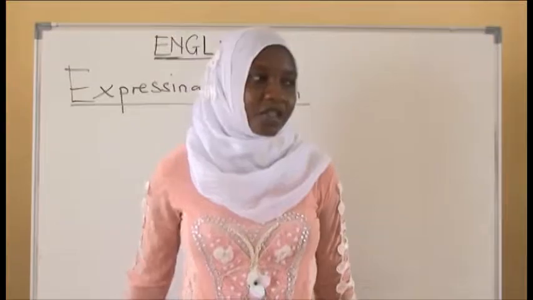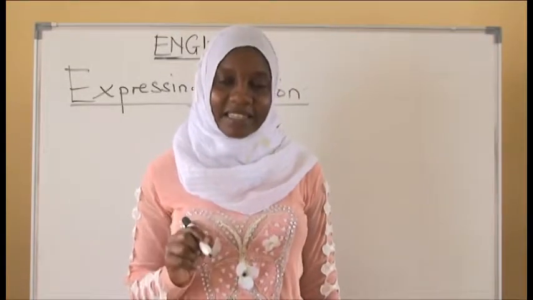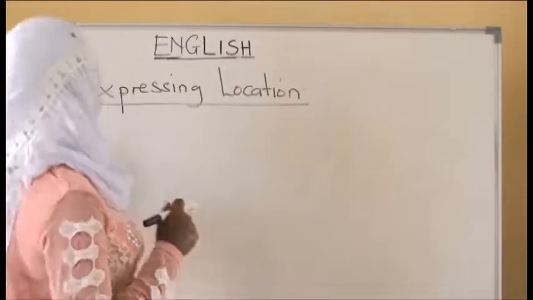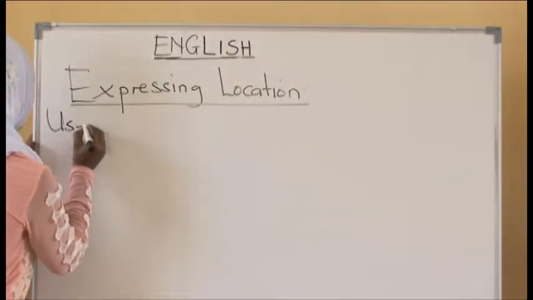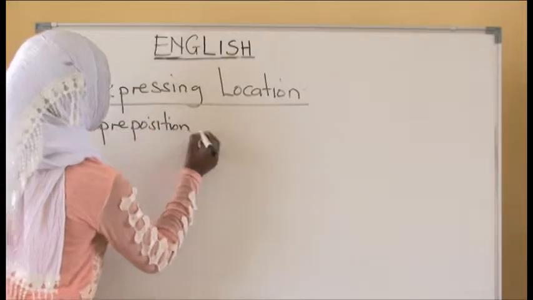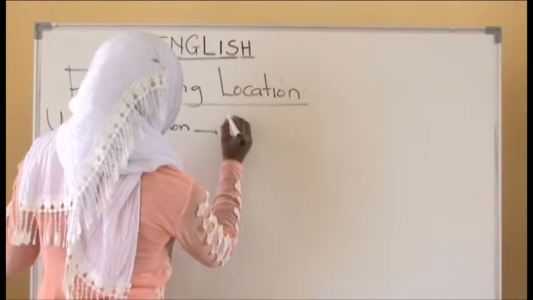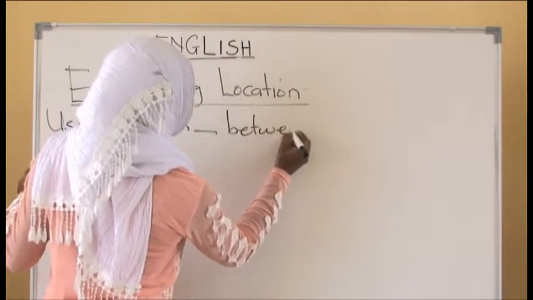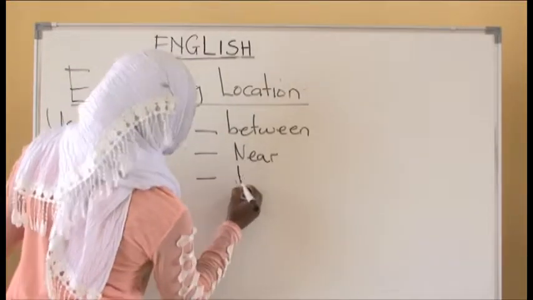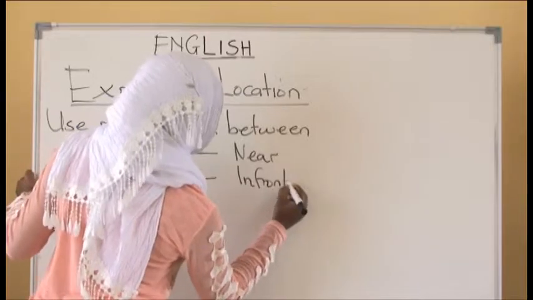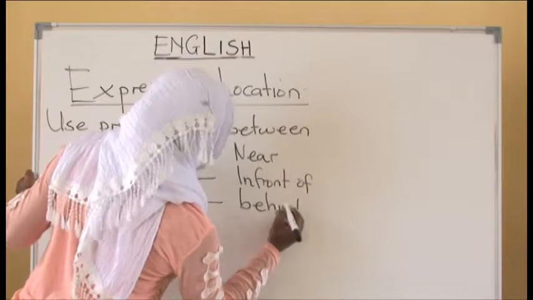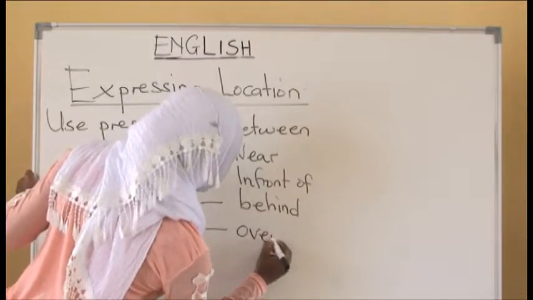So today, in expressing locations, we are going to use these 5 prepositions: between, near, in front of, behind, and over.